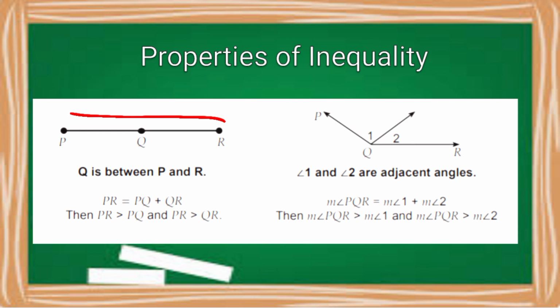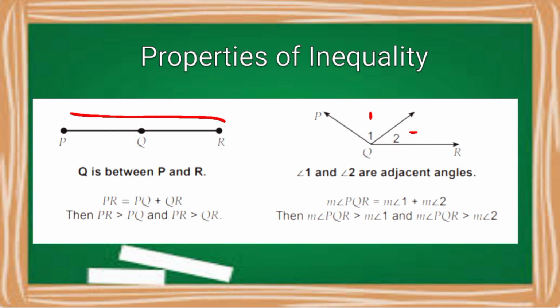Okay, next, the angle 1 and angle 2. Angle 1 and angle 2 are adjacent angles. Okay, they are adjacent angles.